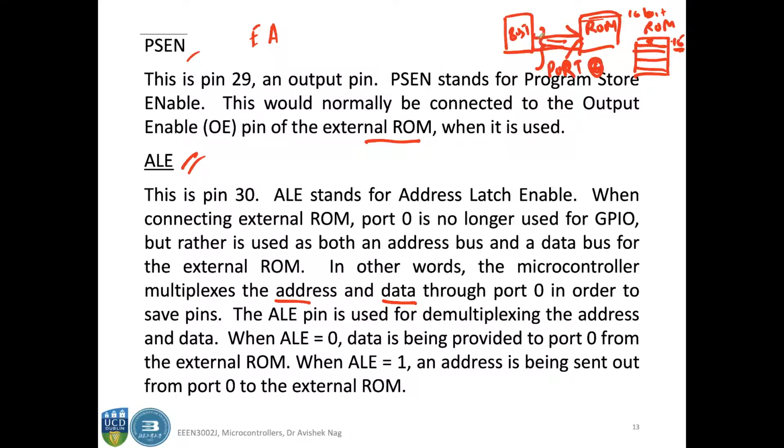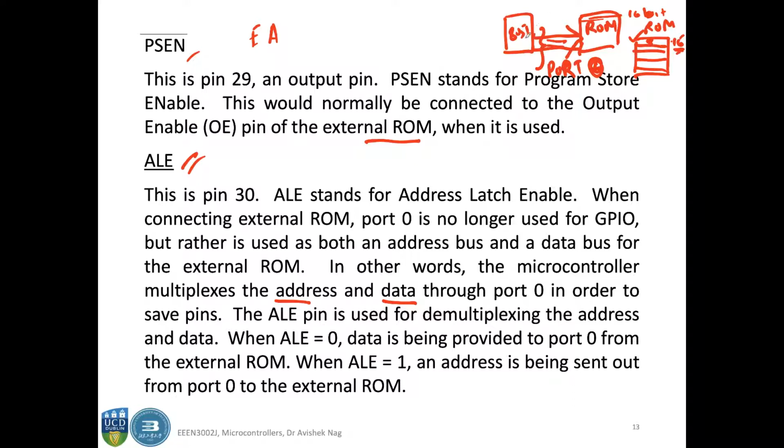So the data that comes out of the 8051 comes through port 0 and is placed here in the ROM, but the address of the specific location is determined by a 16-bit address. So that 16-bit address is determined by port 0 and port 2. Okay, so port 0 gives the lower 8 bits of the 16 bits, and port 2 gives the higher 8 bits of the 16 bits.